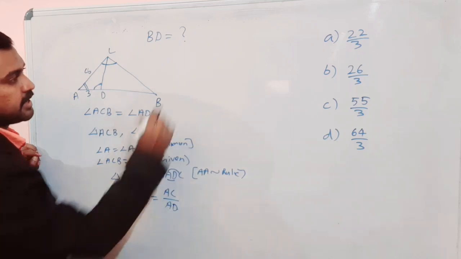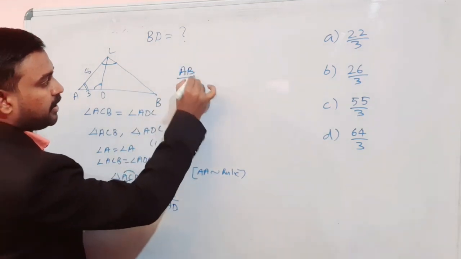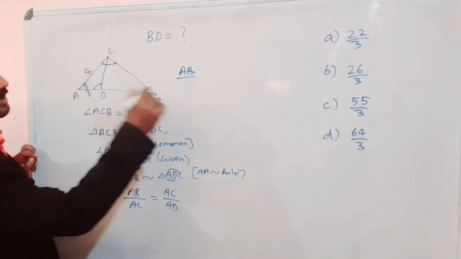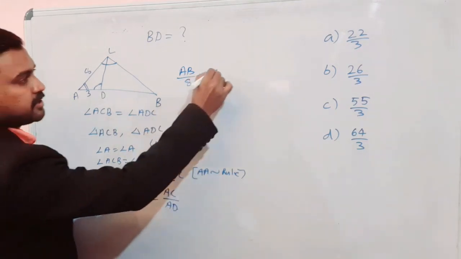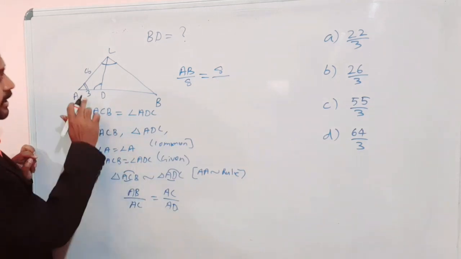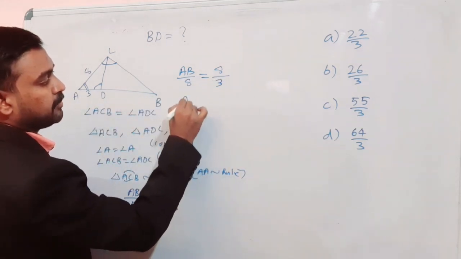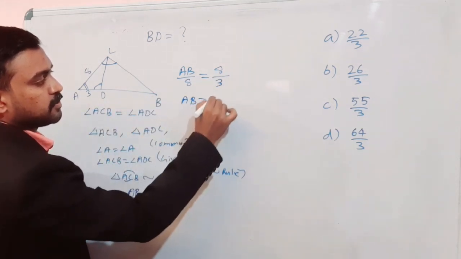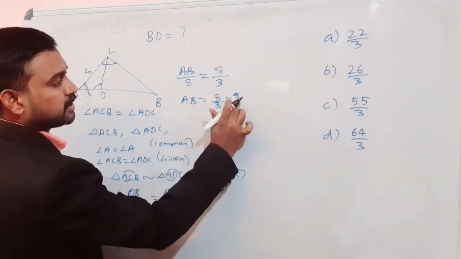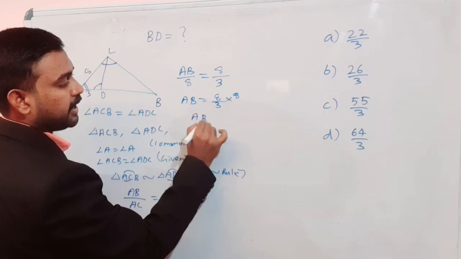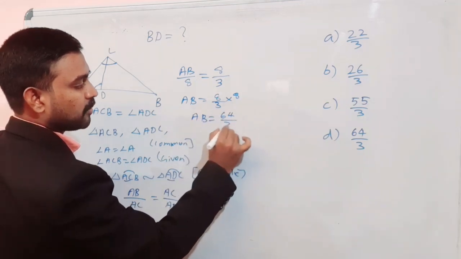AC is given as 8, so AB by 8 is equal to 8 by, what is AD? 3. So we can find AB: this 8 transposed to the right side becomes multiplication, so 8 into 8 is 64. So we got AB is equal to 64 by 3.